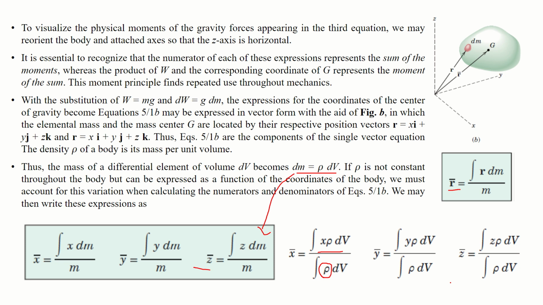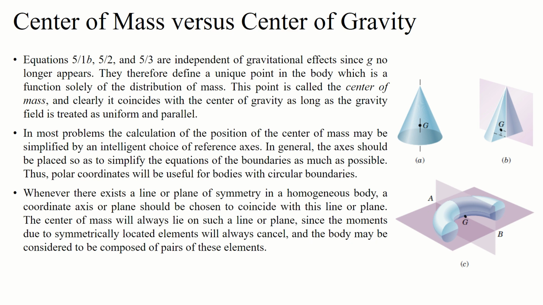Now we have two things we have studied so far, the center of mass and the center of gravity. So how do we differentiate between the two? In the last three equations we see that they are independent of gravitational effect. Since g no longer appears, they define a unique point in a body which is solely a function of the distribution of mass.